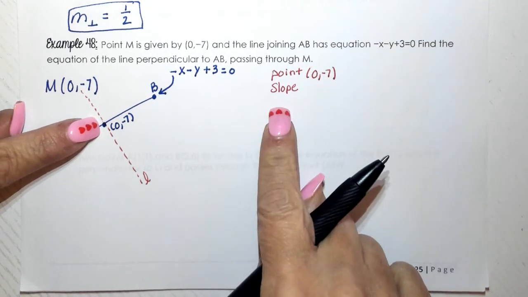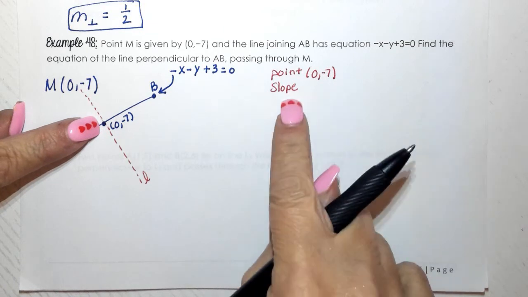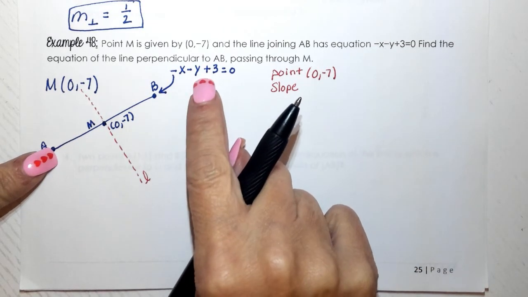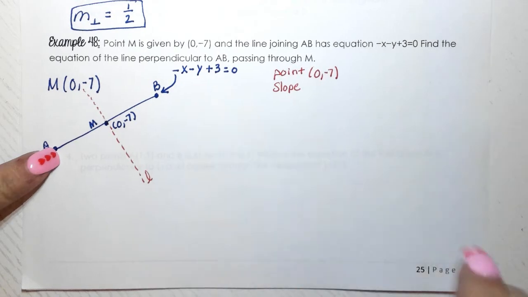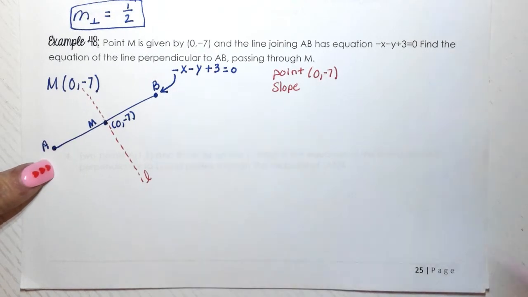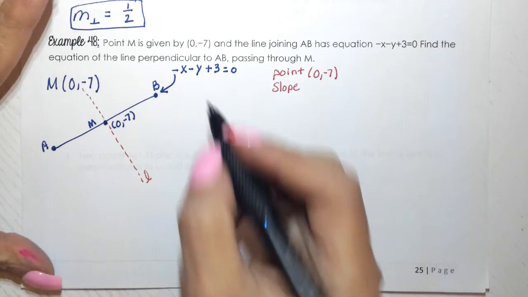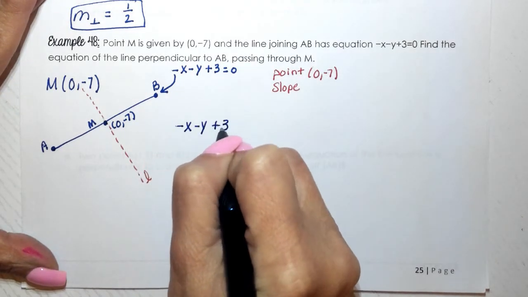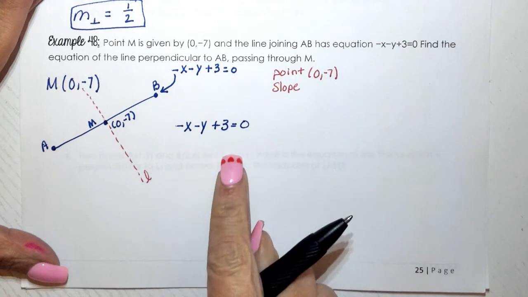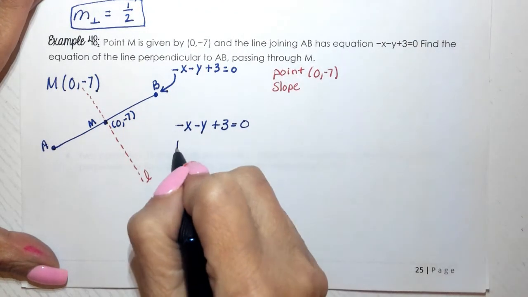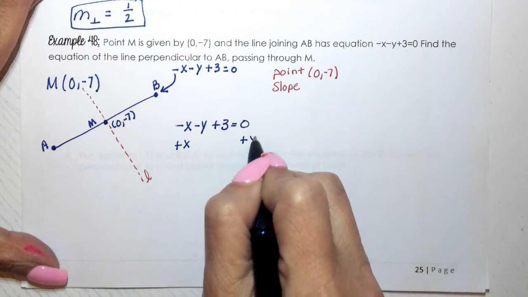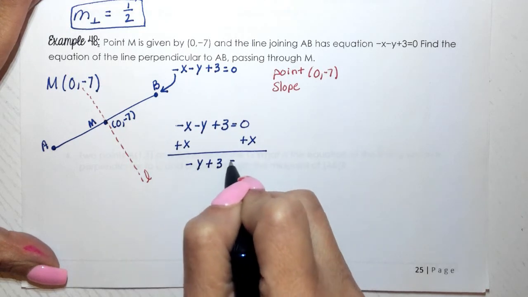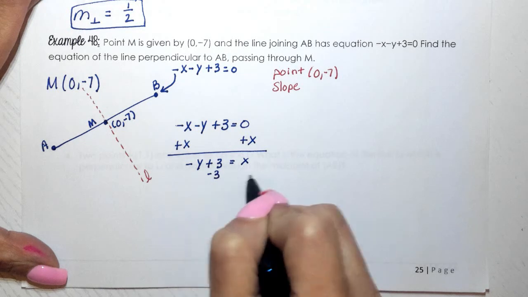Do I have the slope? I don't have the slope, but I do have the slope of this line. It's inside there. So let's find the slope of this line. Even though I don't have the endpoints, I do have the slope hidden inside there. So here we go. Let's take negative x minus y plus 3 equals 0. Let's put it in slope-intercept form. So let's add x to both sides. Negative y plus 3 equals x. Let's move that 3 to the other side.